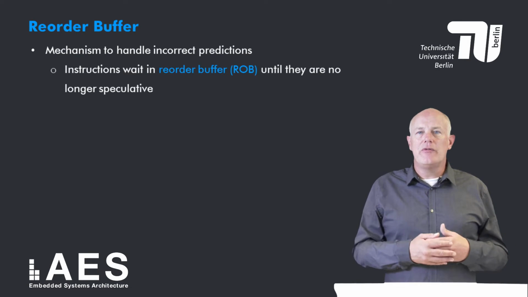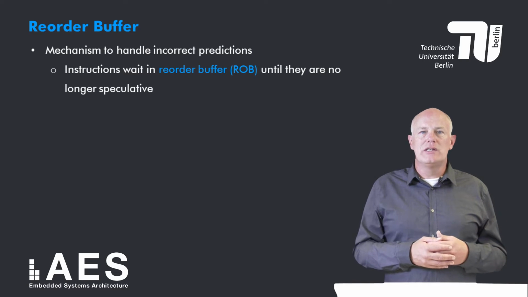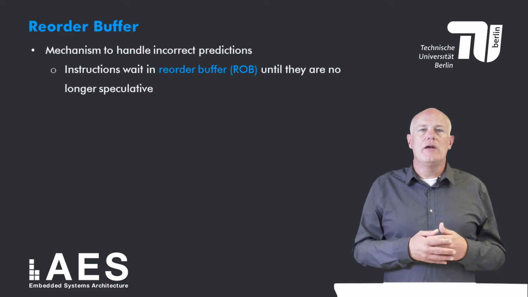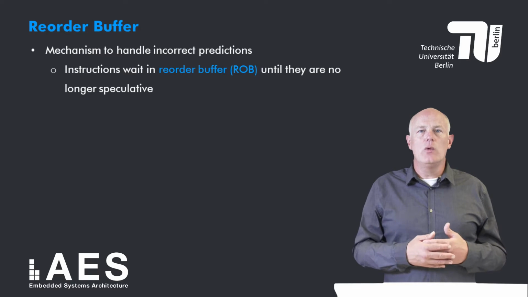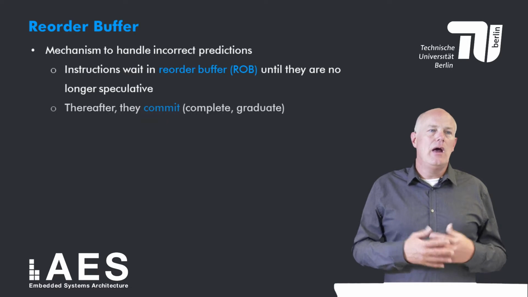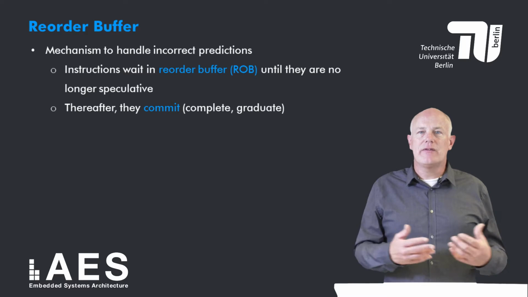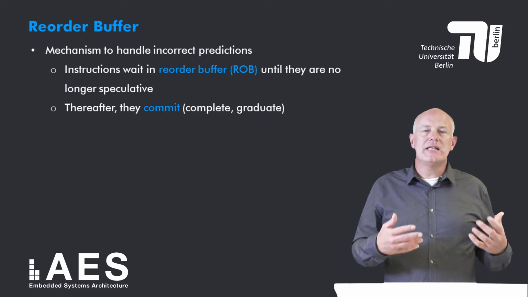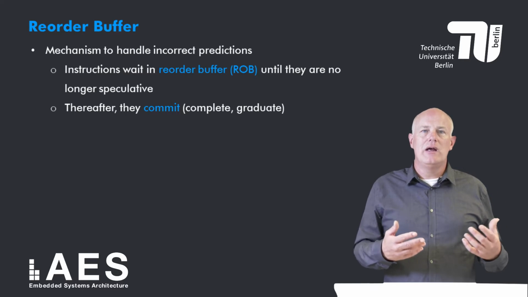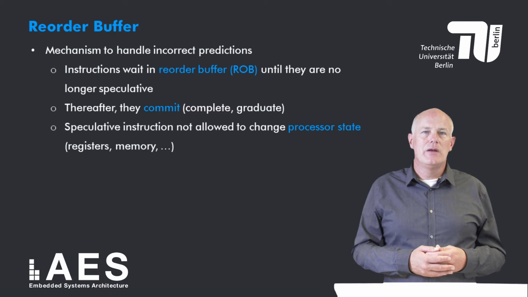Instructions wait in this buffer until they are no longer speculative. In other words, they wait in the reorder buffer until it is known that they should have been executed. After that, the instruction commits. Sometimes the commit phase is also called complete or graduate, but let this not confuse you.